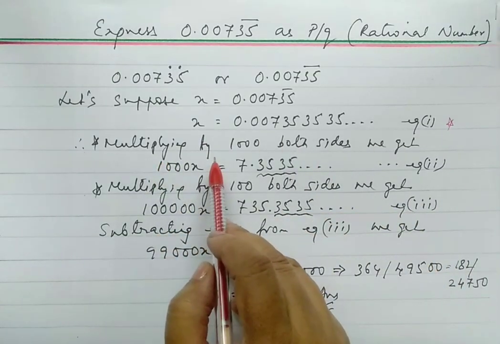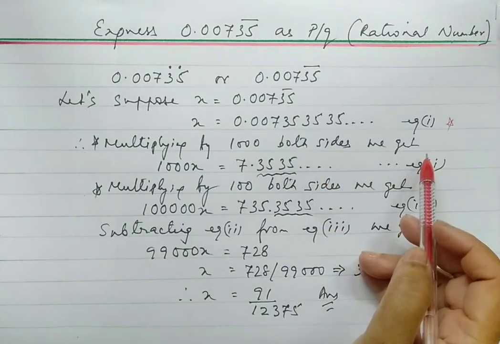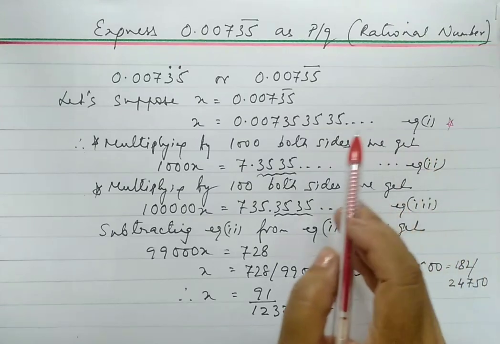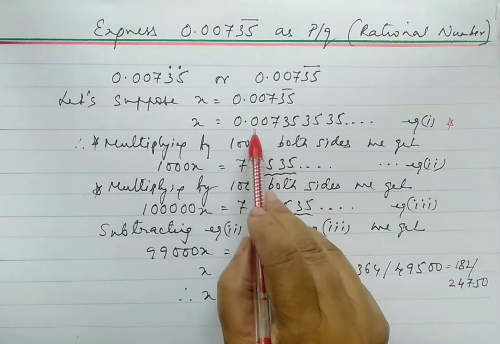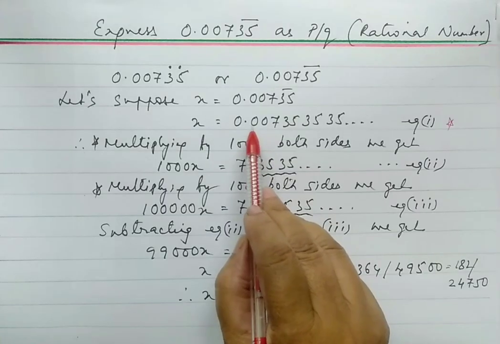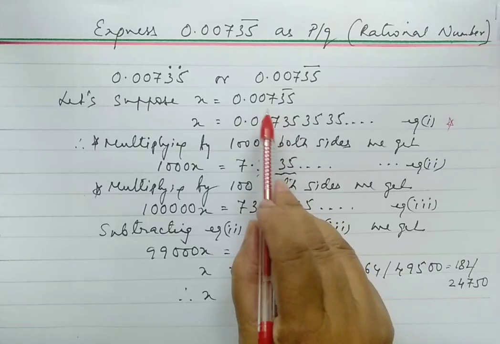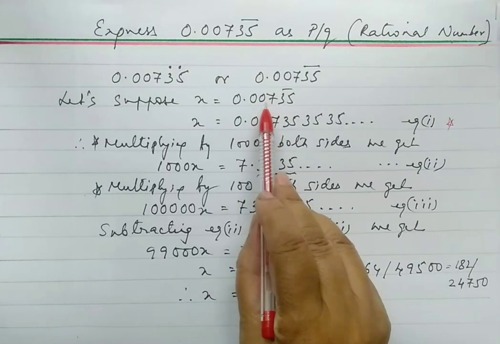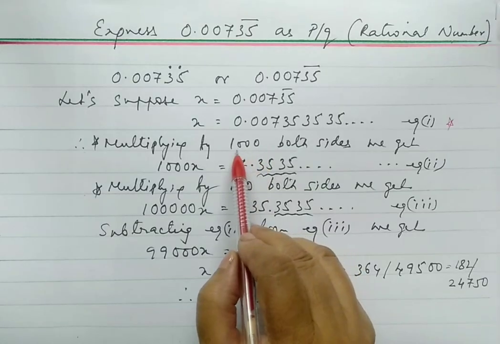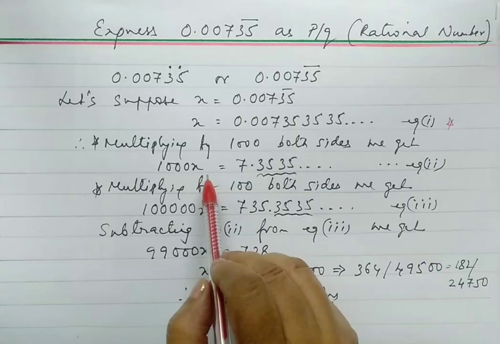Remember, multiplying by 1,000 on both sides, we get what? Remember, I told you everything is not written here. I am orally trying to explain to you that you take or count the digits after the decimal point which don't have the bar. So obviously 0, 0, 7, 3 of them. As a result, we choose 1,000, which has 3 zeros. So 1,000 times x is 1,000x.